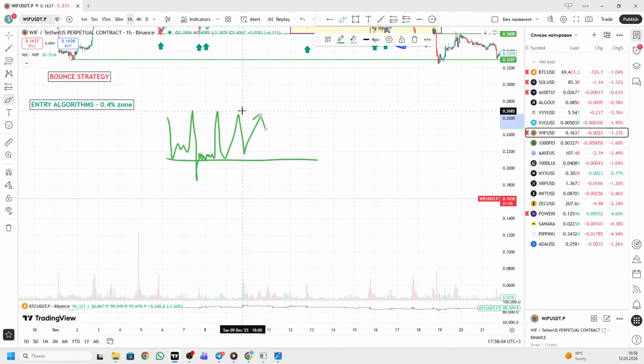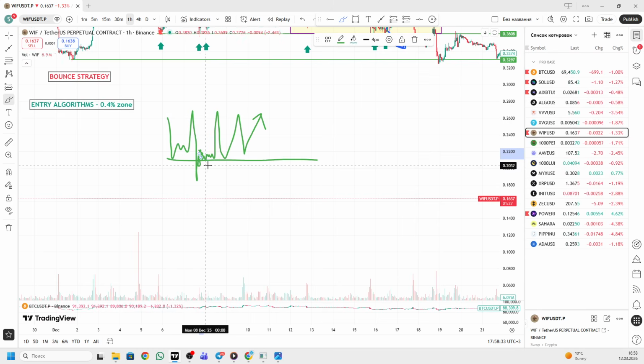And one more thing I want to add here: sometimes there is a break of structure and then confirmation follows. The asset comes back, wicks the level with a thin candle, and the wick stays on the level. Here, for example, the wick stays on the level, but the body of the candle closes above it here.